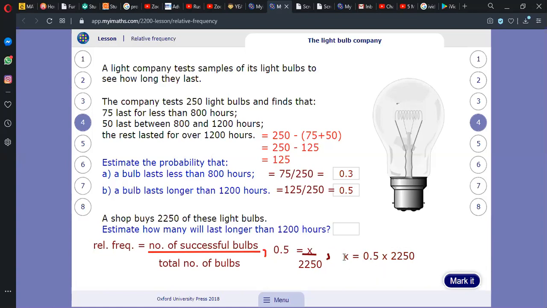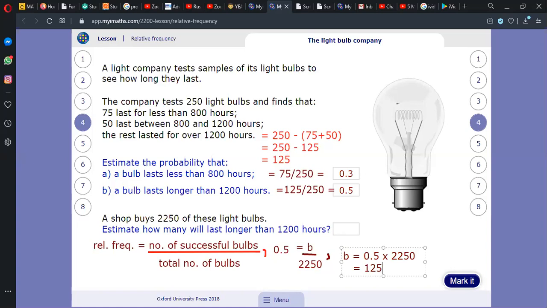I might want to change this, for proper notation, let's use B as the total number of bulbs, so that we don't mix the multiplication sign I use here with the other one. So if you multiply that, you're going to land your final answer, 0.5 times 2250, just half of that, you are going to get 1125.